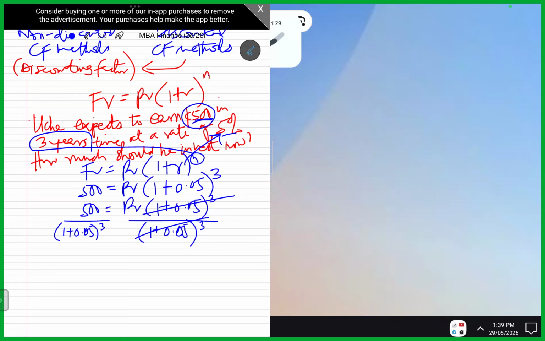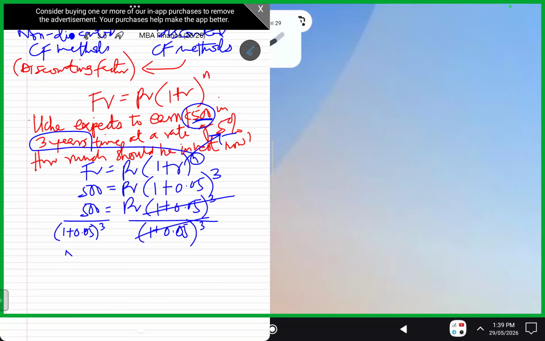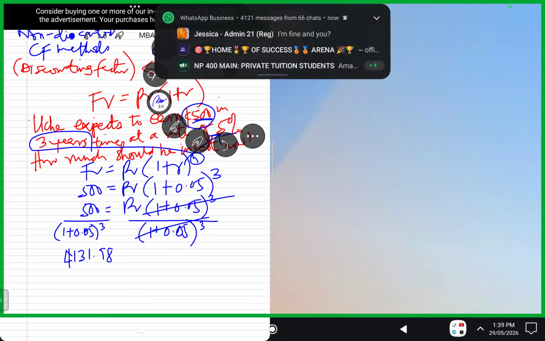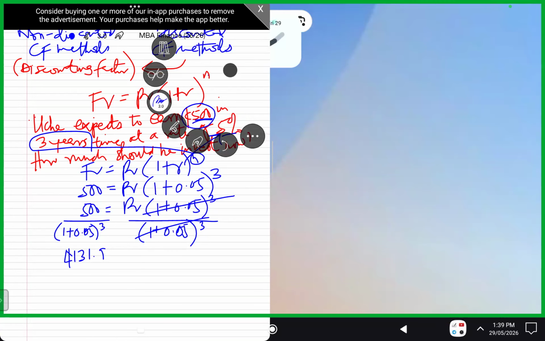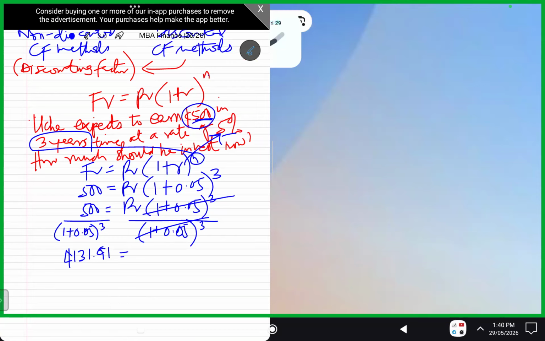That'll give us 431.918, so 431.92. That's the present value. Watch the present value figure and the future value figure.